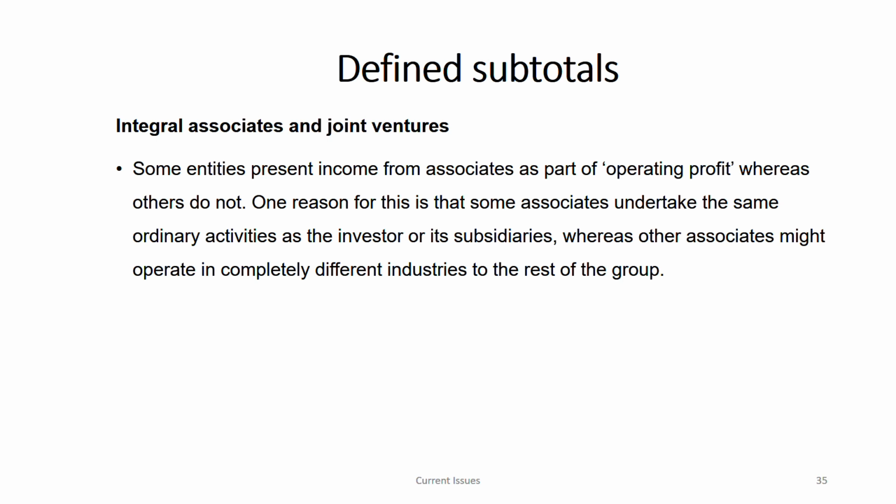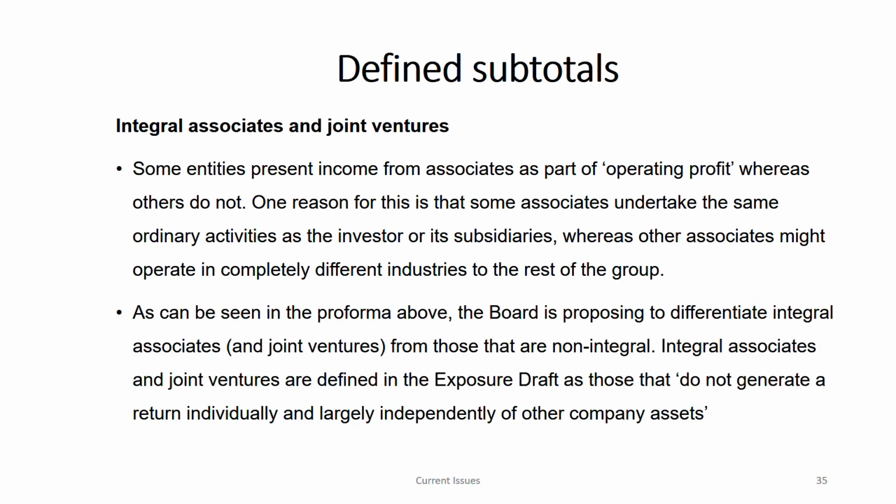But if it is not a similar activity, then it is known as non-integral. Hence, non-integral associates and joint ventures. So that's how you differentiate. You check the activity, whether it is similar or not. If the associates operate in a completely different industry from the rest of the group, then it is non-integral, otherwise integral. So this is the factor.